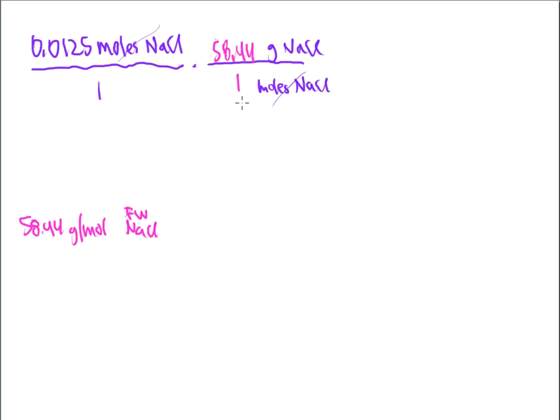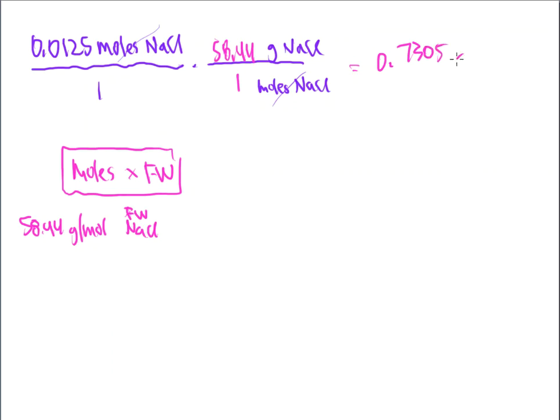So basically what I do is that I take the moles that I solved for in the molarity, and I multiply by the formula weight. That's what we're doing right here. 0.0125 times 58.44. And we're going to divide that by 1 times 1, which is 1. So same number no matter what. So 58.44 times 0.0125 is going to be 0.7305 grams. So that's how many grams I would weigh out of sodium chloride.